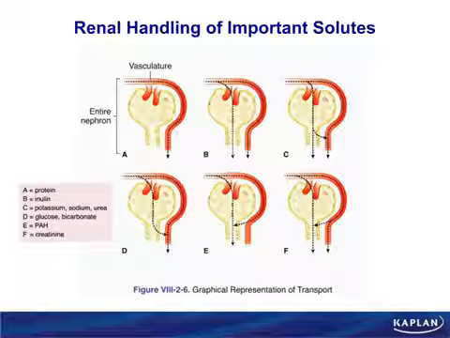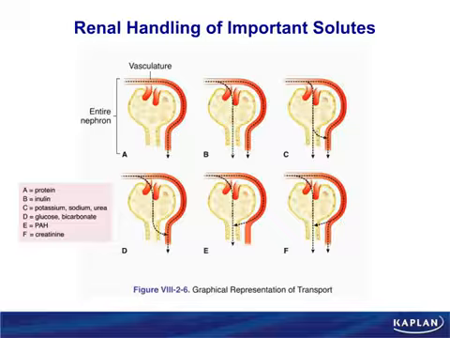And if you look in the renal vein, you will see a concentration of the substance. So the clearance is low here. So you're secreting, your excretion rate is higher than your filtered load, and your clearance is low. So that would be a substance like creatinine or PAH at high concentration. So this is some graphical representations of renal handling of important solutes.